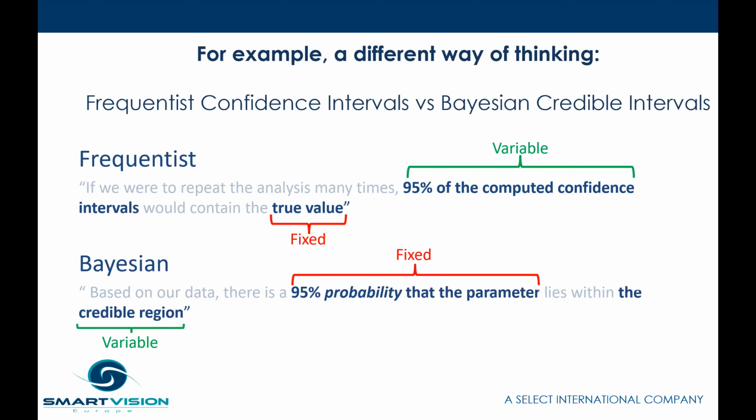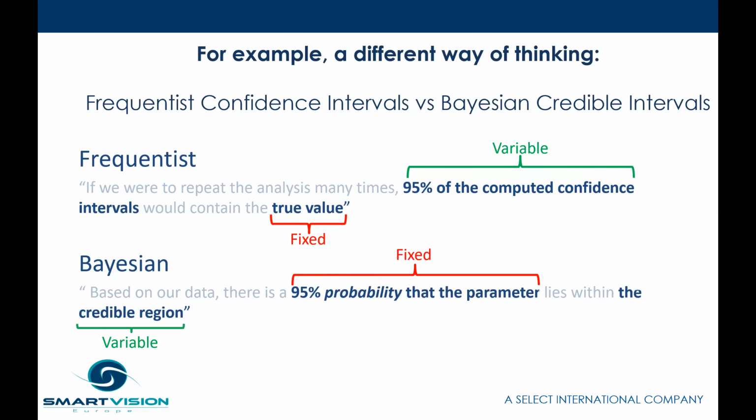So the interval is variable in the Frequentist tradition, and the parameter is fixed. In the Bayesian tradition, the estimates are fixed, but the parameter itself is variable. That's the zone that you're trying to find. Very different approach.